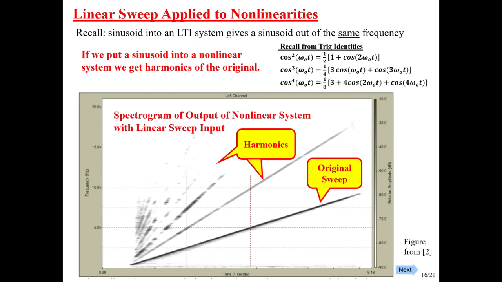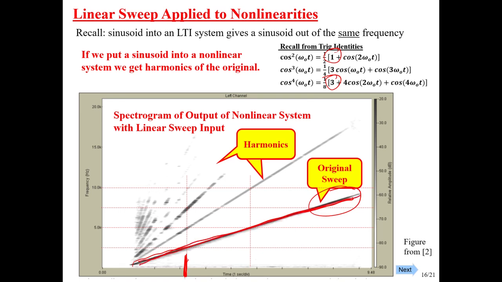So here is what happens when we sweep that sinusoid. Let me discuss it at this frequency. At that frequency, here's my original signal going in. There's my linear sweep, right? I'm going to get the original signal out. So my output of some nonlinear system, I put a linear sweep in, I'm going to get the original linear sweep out.